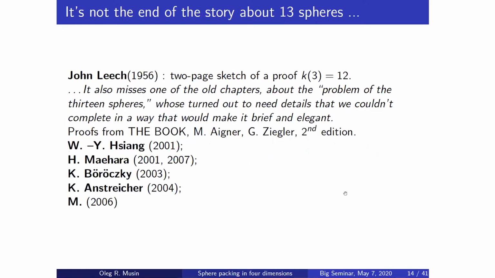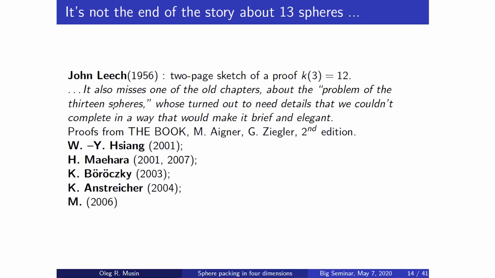But there is a story, because John Leech, this famous John Leech, published a two-page sketch, a beautiful proof, actually very interesting. The problem is that it is not complete. And this is a story from Günter Ziegler. It is written, by the way, in the second edition of the book by Aigner and Ziegler, Proofs from THE BOOK.